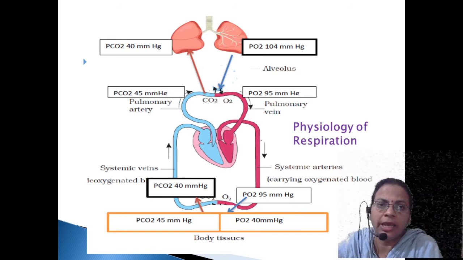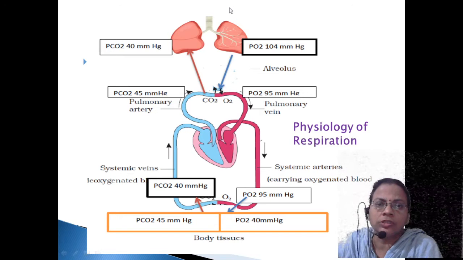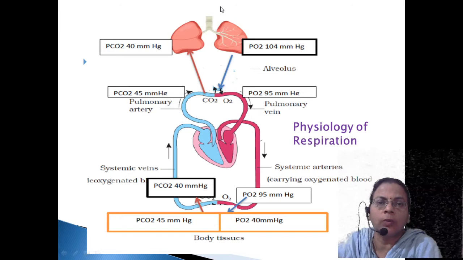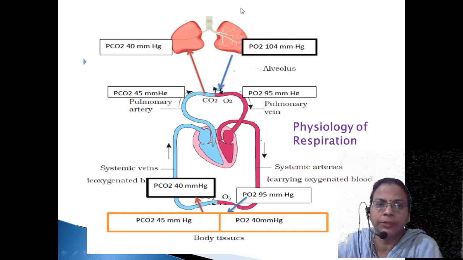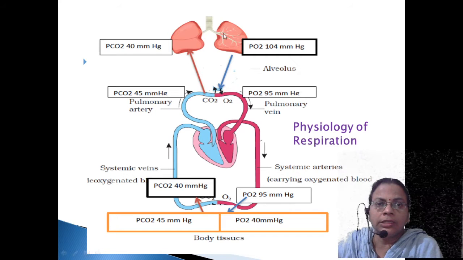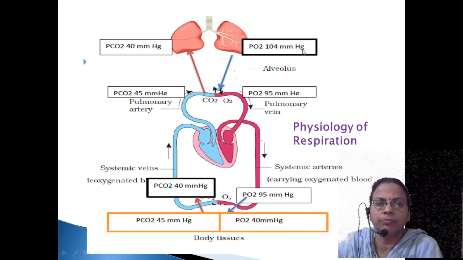In atmospheric air, the partial pressure of oxygen is around 159 millimeters of mercury. And in the alveolus, the partial pressure of oxygen is only 104 millimeters of mercury.